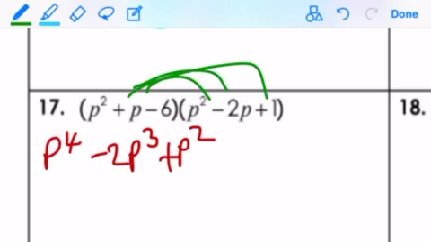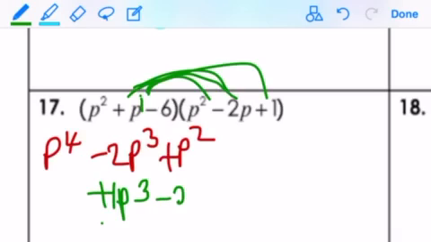Okay, so this would be p to the, I'll just put p to the 1st since we've got a lot of p's to combine. All right, so my first rainbow would be p to the 1st times p to the 2nd. That's just p to the 3rd. And it's positive, so I'm going to do plus p to the 3rd. Okay, you can even put a 1 there if you want. All right, then my second rainbow is p times -2p.